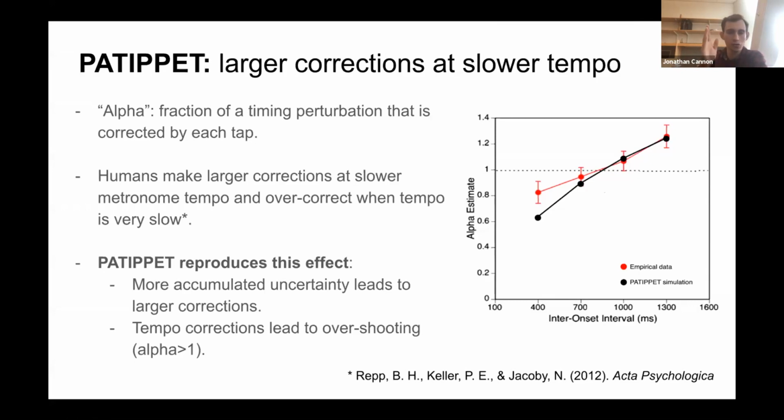So when an event occurs early, both the phase and the tempo are updated to a posterior distribution based on the fact that the event has happened. And so it's all done through this variational Bayesian machinery.